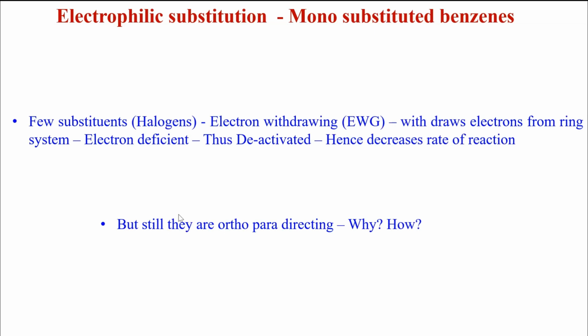When there is an electron withdrawing group, it should decrease the rate of reaction and it is always meta directing. However, these halogens, though they are deactivating, though they decrease the rate of the reaction, give ortho-para directing compounds.